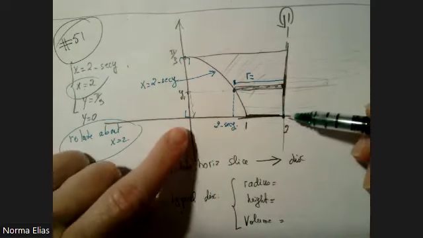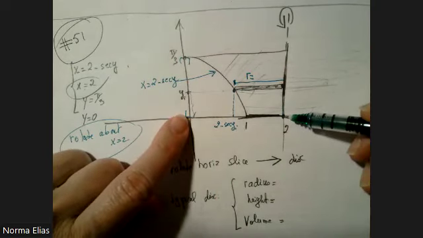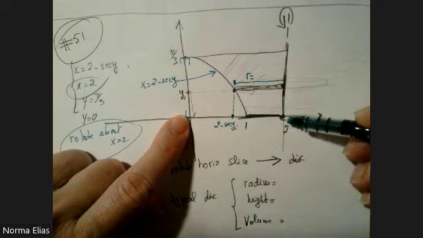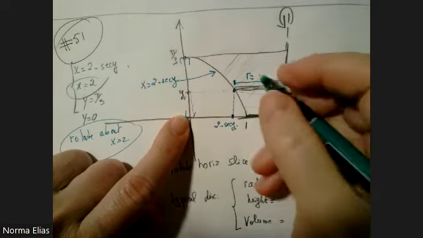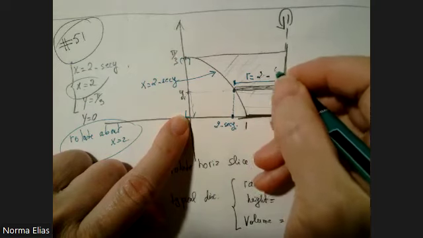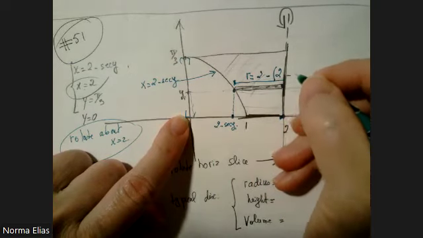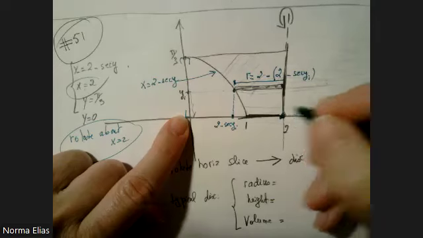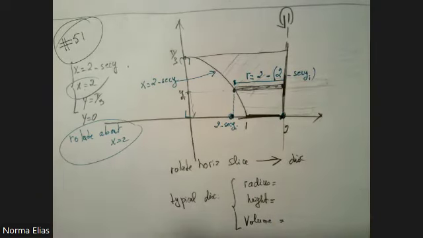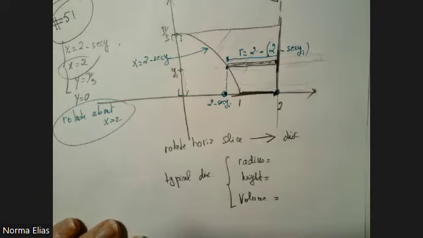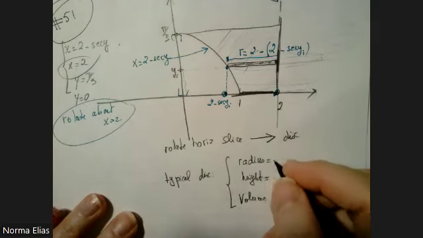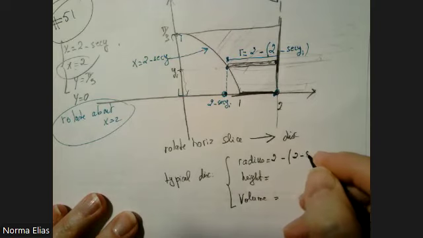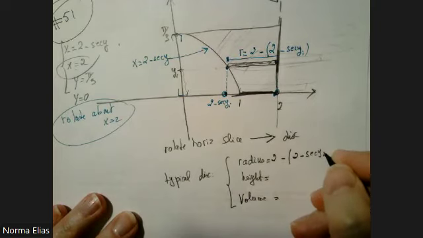So the radius is going to be the right value, always take away the left value. Right value, take away the left value. So it's going to be 2 minus, parentheses, minus secant y. The right, take away the left. So my radius is going to be 2 minus, parentheses, minus secant y.